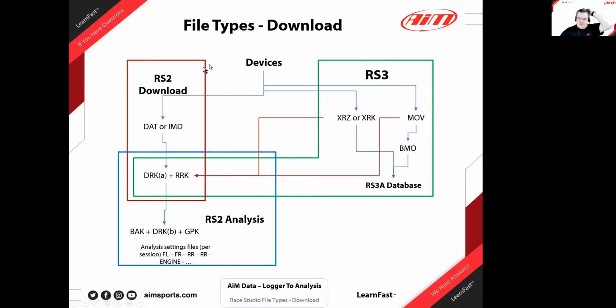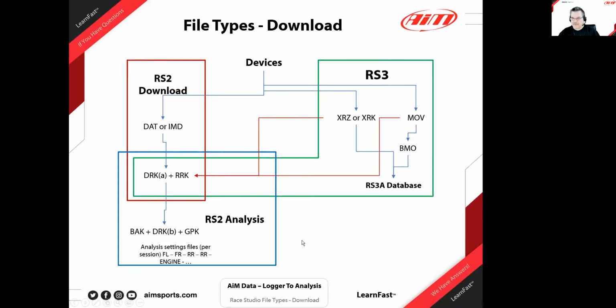If you're downloading from Race Studio 2, this red box is circling that Race Studio 2 creates a file structure, and then what is created from there. Race Studio 3 is surrounded by this green box and how it does it, and then Race Studio 2 analysis may take and create some other files, and that's driven by the blue box.